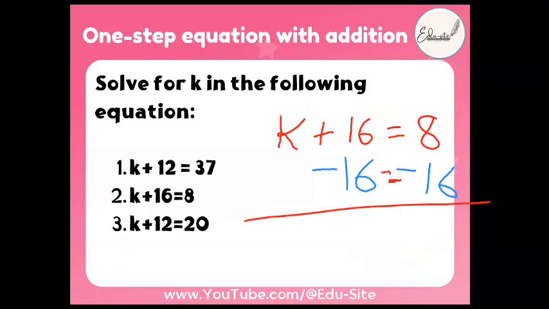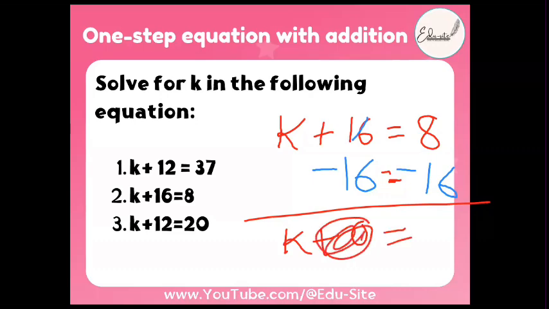What does plus 16 and minus 16 stand for? So this becomes 0. Yes, excellent, it goes to 0. Plus 16 minus 16, 16 minus 16 gives you 0. So we just have k left here. k plus 0 is just k, which is equal to 8 minus 16.